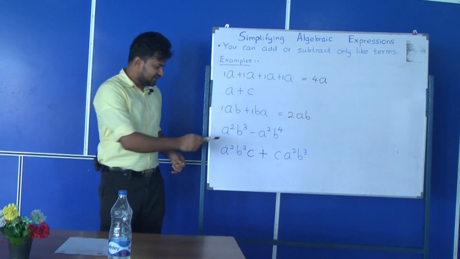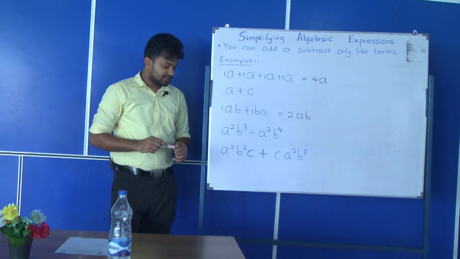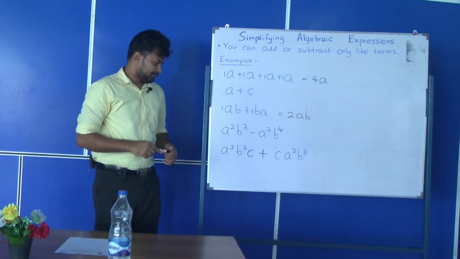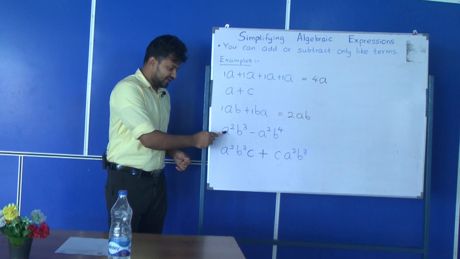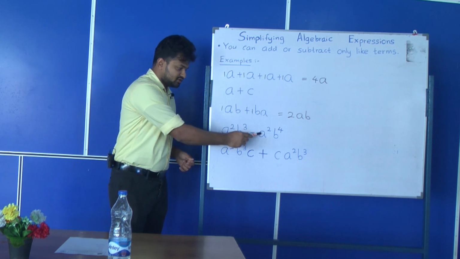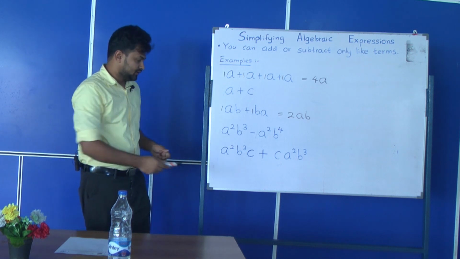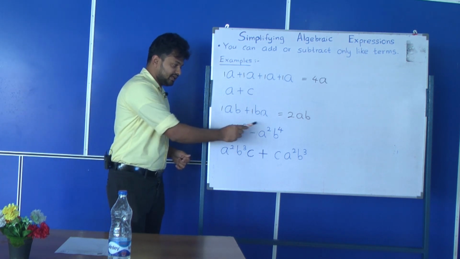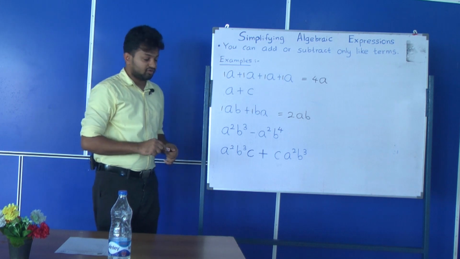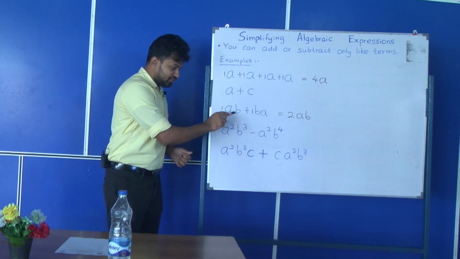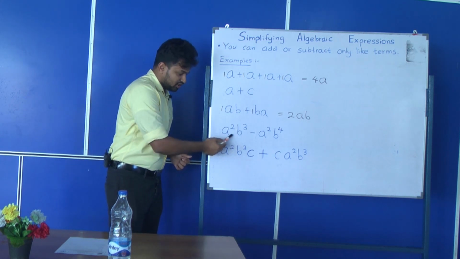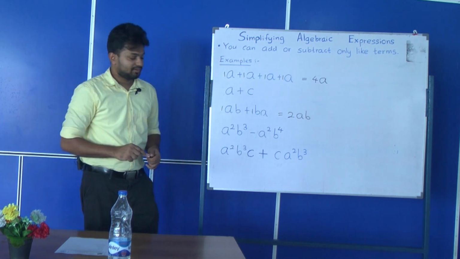And we will go to the other example. This is another good one. Here the power of A is 2. Here also the power of A is 2. But look at the power of B. Here the power of B is 3 and here the power of B is 4. And I told you in the previous example, when everything is together, multiplication happens there.